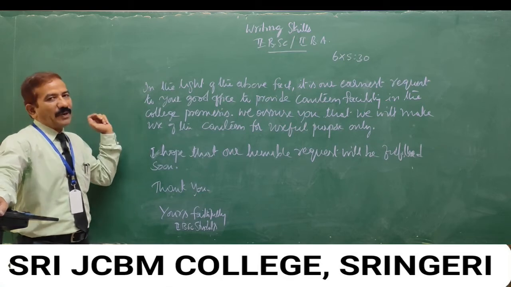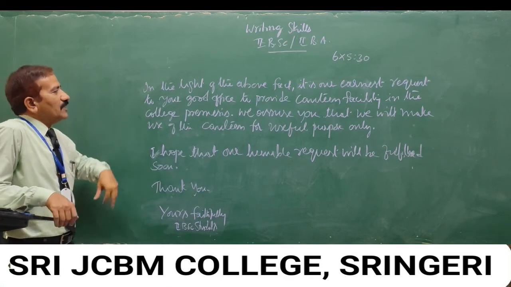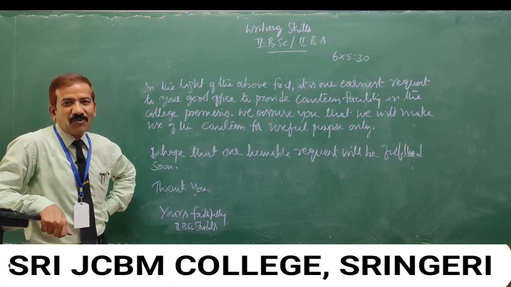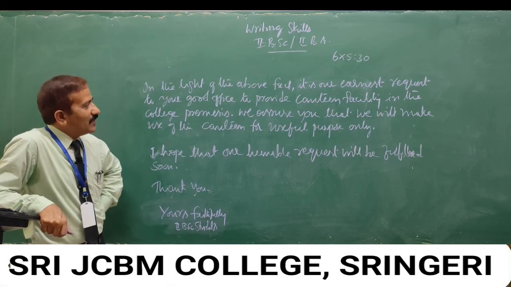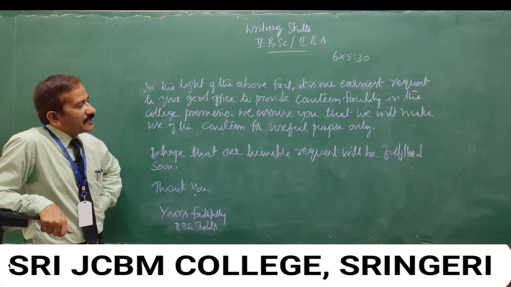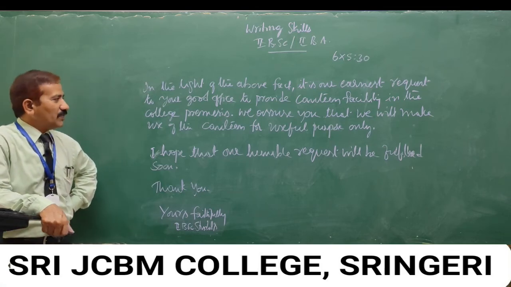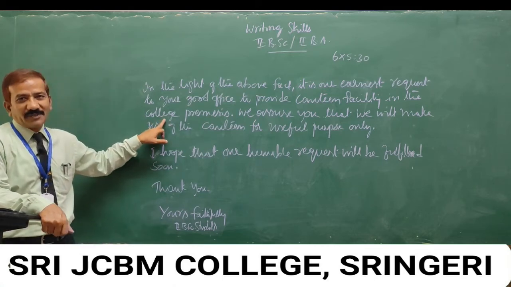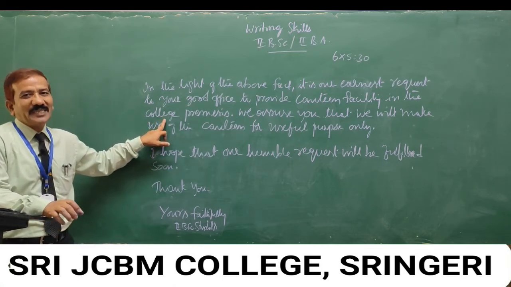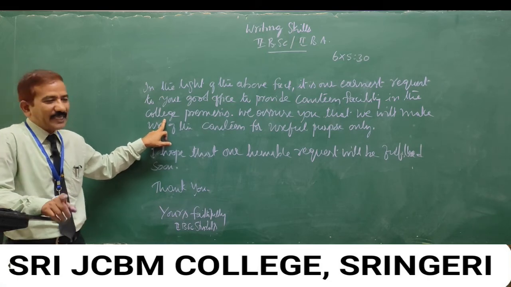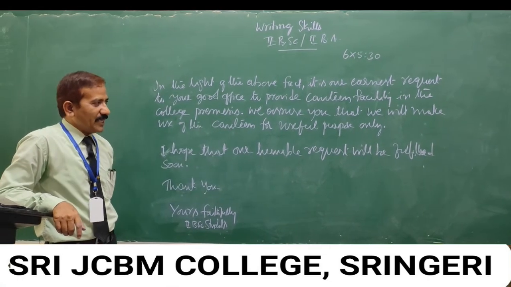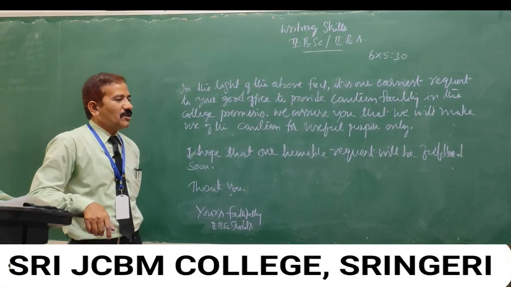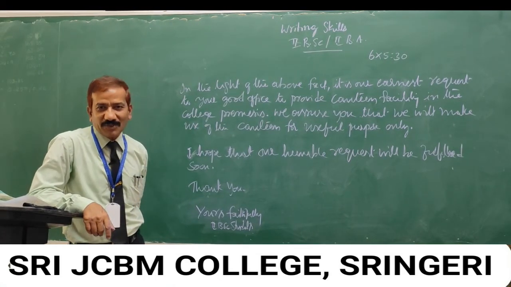In the second place, look at this: "In the light of the above fact," because I already mentioned in the first paragraph what is to be asked, "it is our earnest request to your good office to provide canteen facility in the college premises." Actually, this is the basic idea for which you are writing the letter. "We assure you that we will make use of the canteen for useful purposes only, not for misusing it."